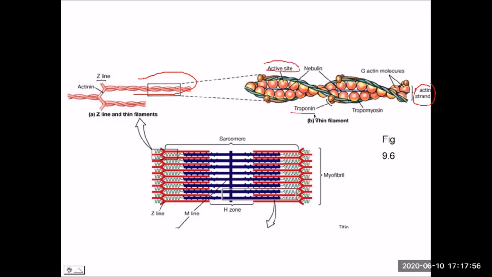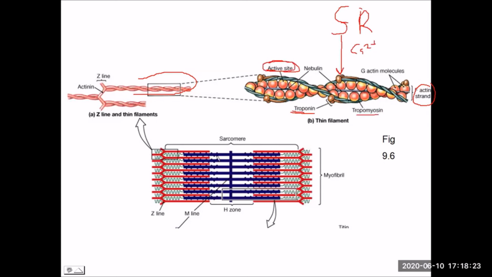And troponin, again, maintaining that position. As we just described from the SR, there's the release of calcium ions that directly interact with the troponin. Leads to the disassociation of troponin and tropomyosin to expose these active sites.